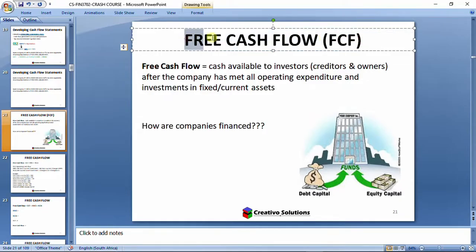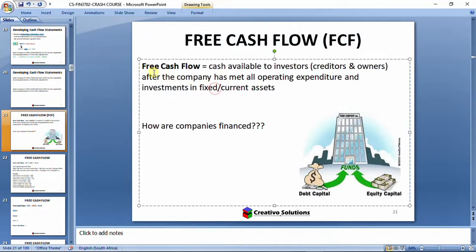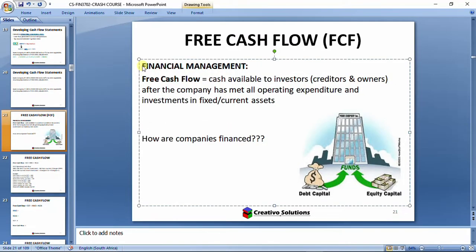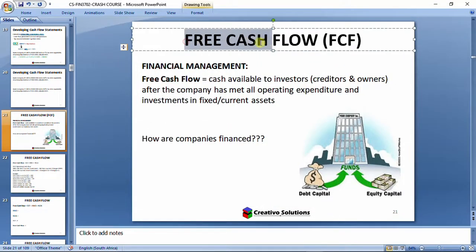That's from an I&V 3701 point of view, not a FIN 3702 point of view. So in financial management, in this module, just remember, you do see free cash flow. You also see free cash flow in accounting, but it's not really disclosed, but it is a consideration.